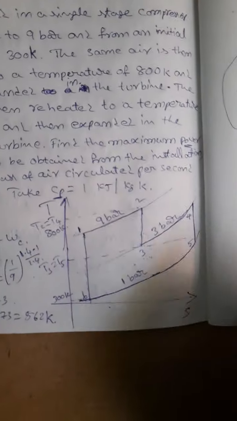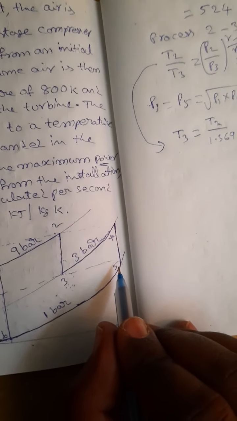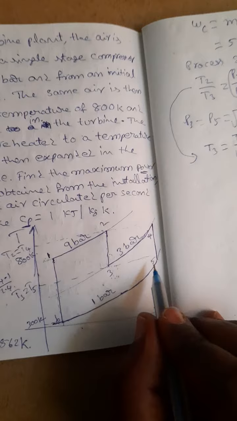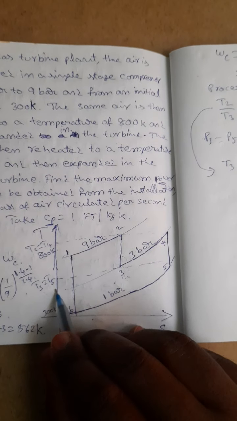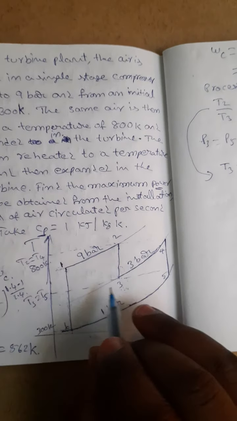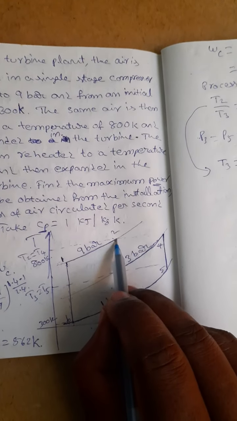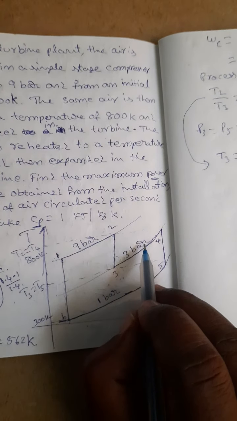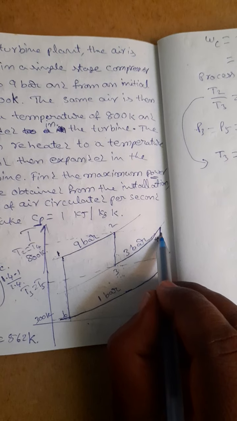Now we require the T5. How are we calculating T5? Actually, according to the condition, here T3 is equal to T5. No need for calculation again. Why? Because here T2 to 3, so what is the 2? Here T2 equals T4. Here also 800 degrees Celsius.